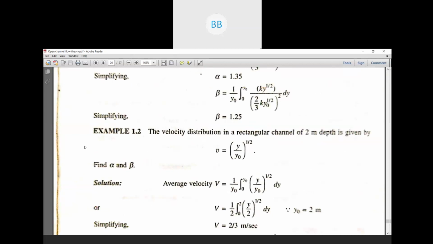These are solved exercises, and for those you have to bring your pen and paper, because those solutions are not there. So in the next class we solve a few numericals from there, and then we will move on to the next section, that is uniform flow. Okay, thank you.